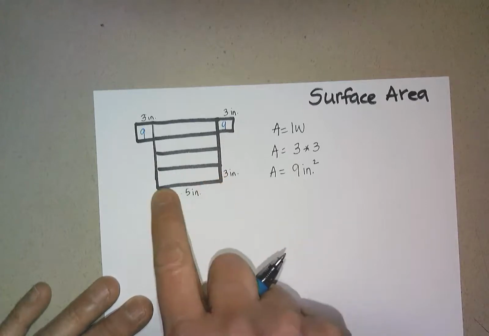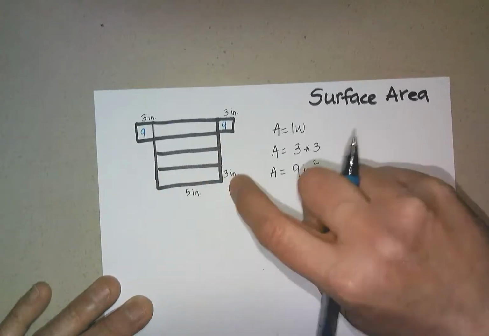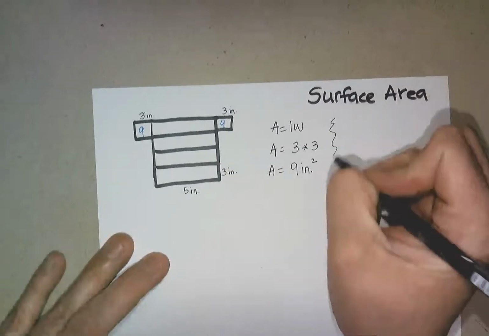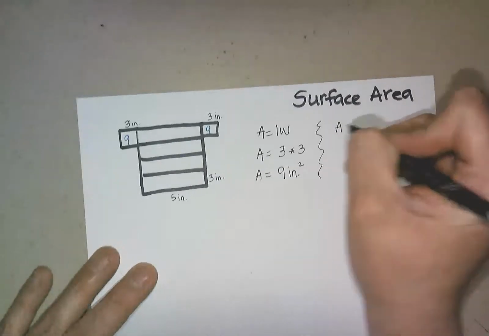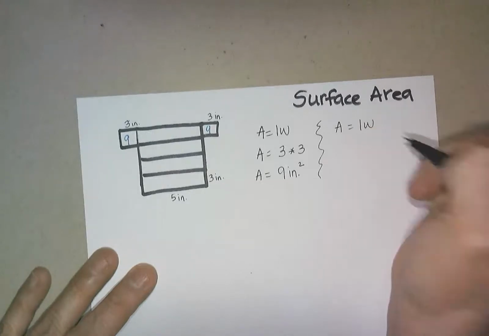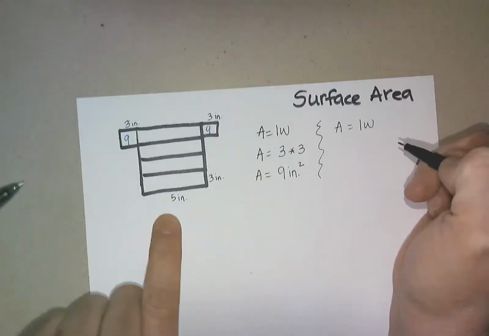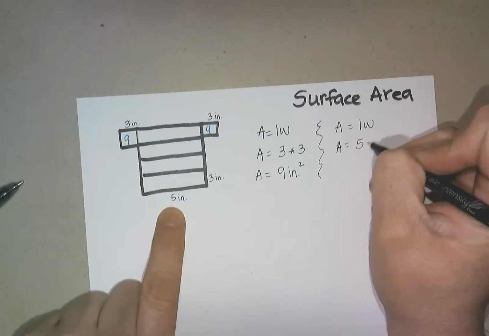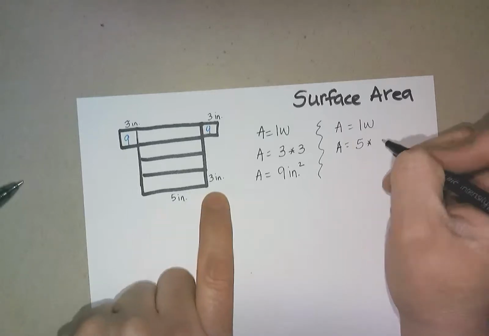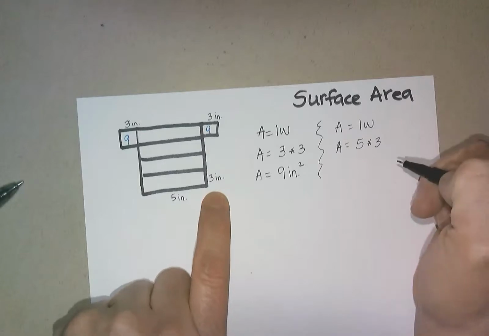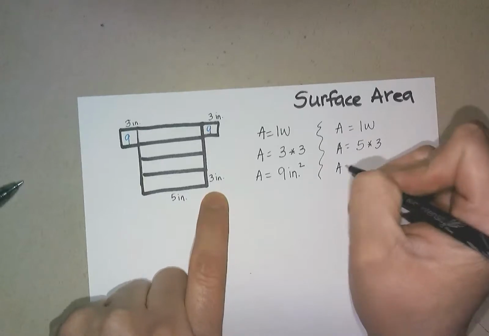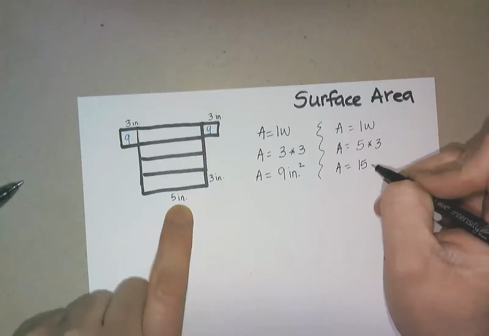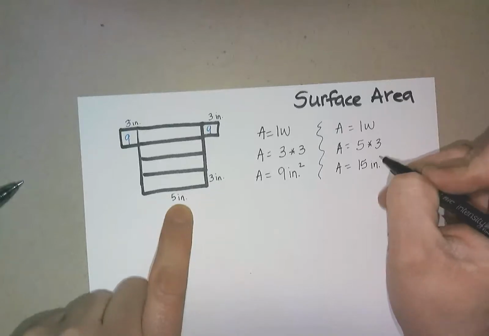So my length is 5 and my width is 3. Same formula. Area equals length times width. Area equals my length, 5, times my width, 3. I know that 5 times 3 is 15, and our measurement is inches squared.